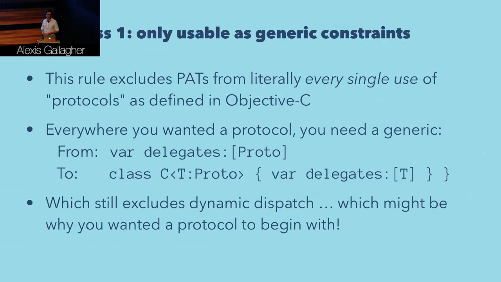You've got a collection of delegates where they're all some single type that is obliged to conform to the PAT. So you've lost a significant language feature by making this switch to PATs. And that may have been the very feature you were depending on when you decided you wanted to use a protocol to begin with.